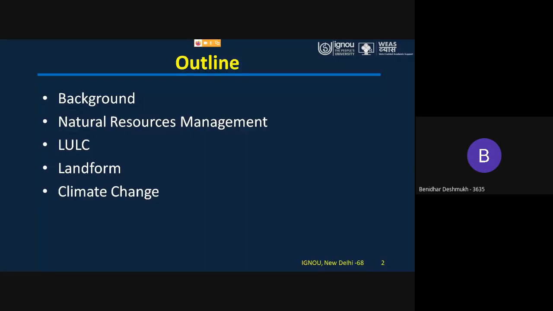And at the last, I have two slides on climate change, how remote sensing and GIS are useful for understanding climate change. When we learn about land use land cover and the relevant aspects under landform, I am covering a lot of parameters, from different kinds of landforms to land degradation, and then groundwater.